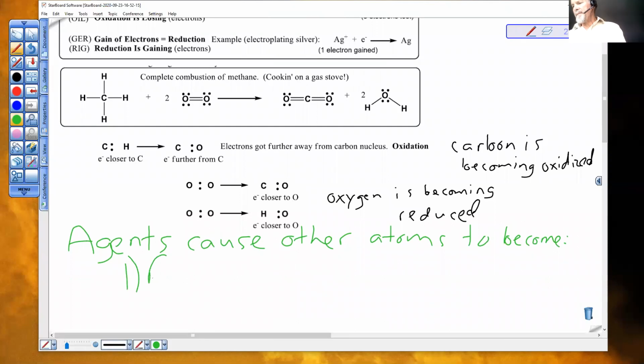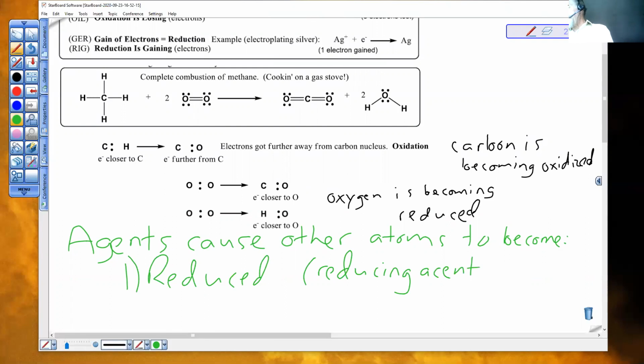Some agents cause other atoms to become reduced. And not surprisingly, that's called a reducing agent. And some agents cause other atoms to become oxidized. And we call that an oxidizing agent.